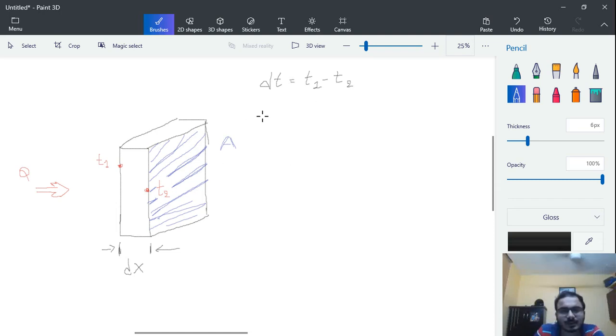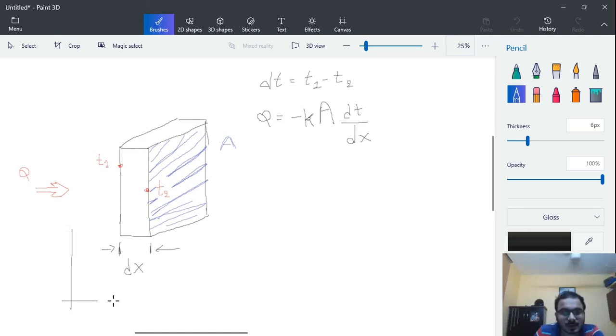Okay, and then we can simply write down that Fourier equation Q is equal to minus K, which is thermal conductivity, A is the area of the wall, and the temperature differential divided by the thickness. So in this way we can explain this Fourier's equation for this simple wall. And if you see carefully, then the heat flow is only in one direction, which is x direction.